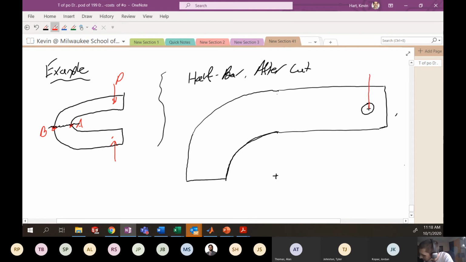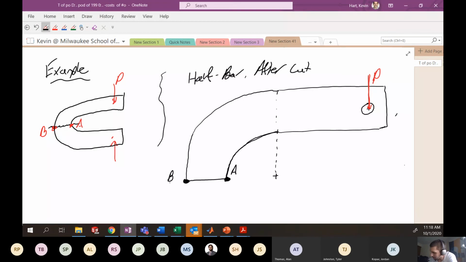In this situation, our loading is in this downward direction, and I'm going to call this P. Now let's make some definitions of things that we already know. On the inner edge of this bar, this is point A. On the outer edge of the bar, this is point B. And remember, these are where your strain gauges are located for this lab.